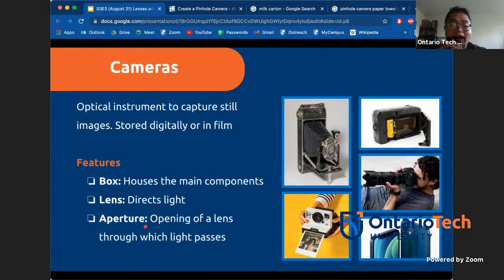It controls that aspect, making sure cameras are able to control the light so that the object you're seeing is visible in your print or film.